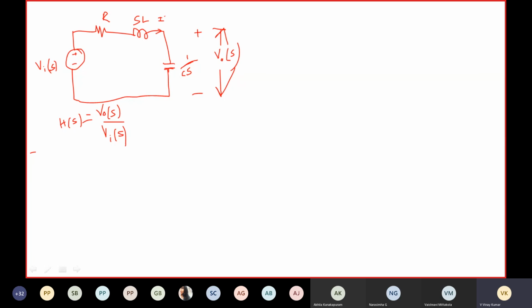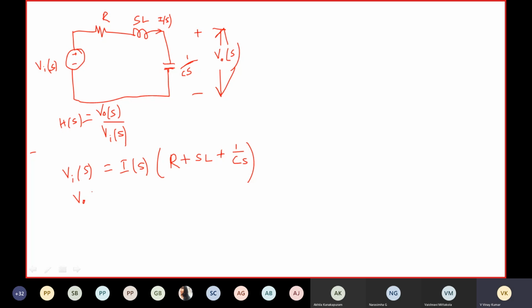Then V I of s is equal to I of s into R plus SL plus 1 by CS.